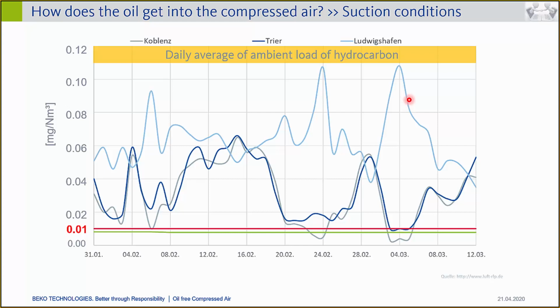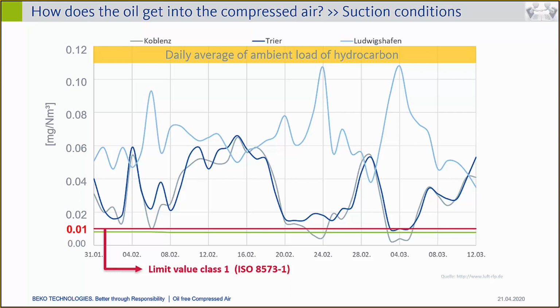So the light blue curve here is from Ludwigshafen, compared to the others, which are on a bit lower level. But all of them, no matter what time of the day or what day, have an amount of hydrocarbon which is higher than the limit value of class 1.